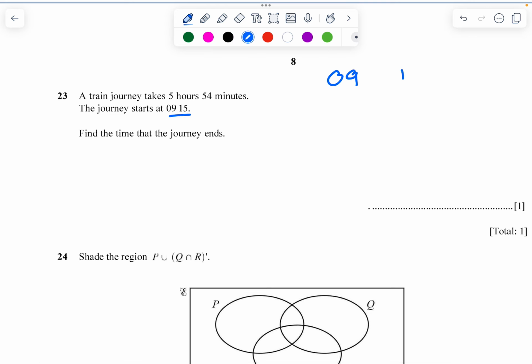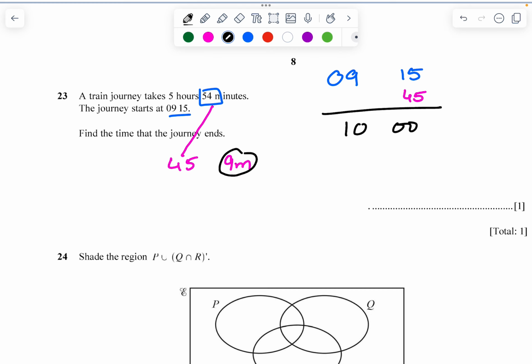Then 54 minutes can be split into two parts, 45 minutes and 9 minutes. So I'll add 45 minutes to this. It becomes 10 o'clock. Then another 9 minutes are being added. It becomes 10:09. Now I will be adding the remaining 5 hours, so it becomes 15:09. That's going to be the answer.